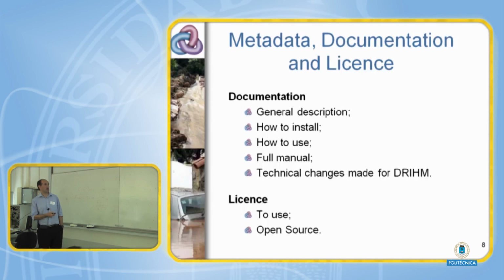And we need a license to use it. We at least need a license to use it. We would prefer if it was open source, so use the LGPL or the new BSD open source license so that other people can get the benefits and modify the code, but we at least need a license to use it, and to use it for free.